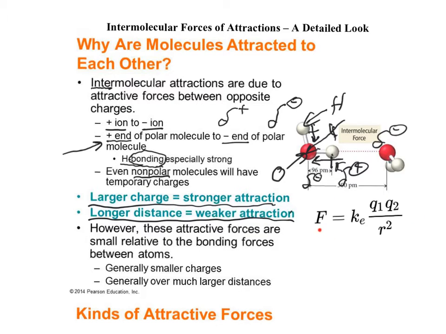The force of the attraction between the two species, the positive and negative, is directly proportional to the magnitude of the charges. That's what Q is. So like, let's say this is +2 and that's -1. That kind of tells you the magnitude of those charges. R here is the distance.